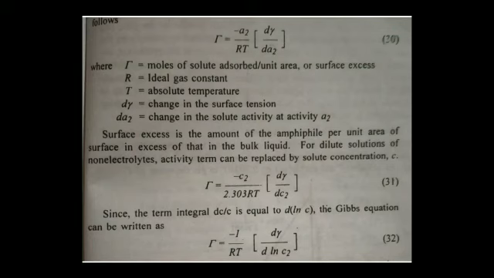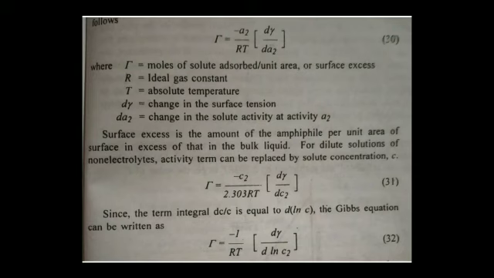For dilute solutions of non-electrolytes, the activity term can be replaced by solute concentration. So surface excess is equal to minus C2 by 2.303 RT into change in surface tension by change in log concentration. The integral of dc by c is equal to d ln c.